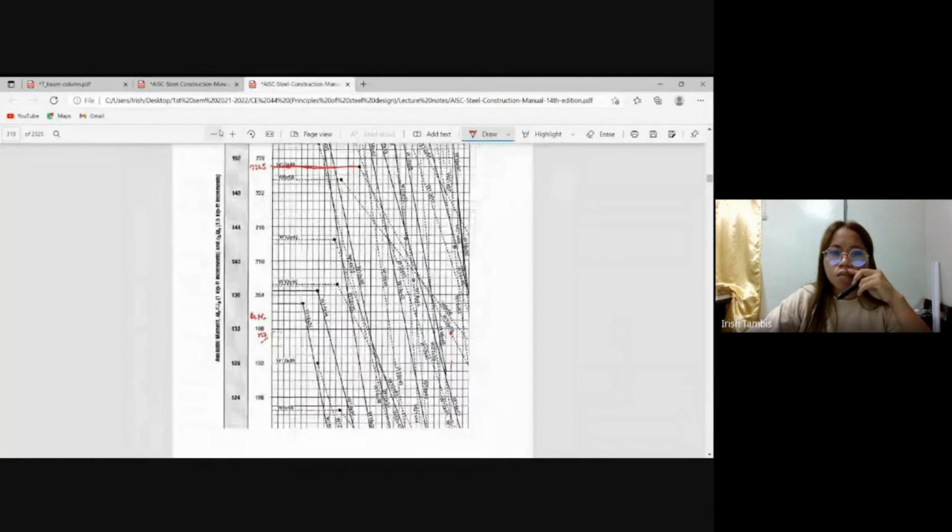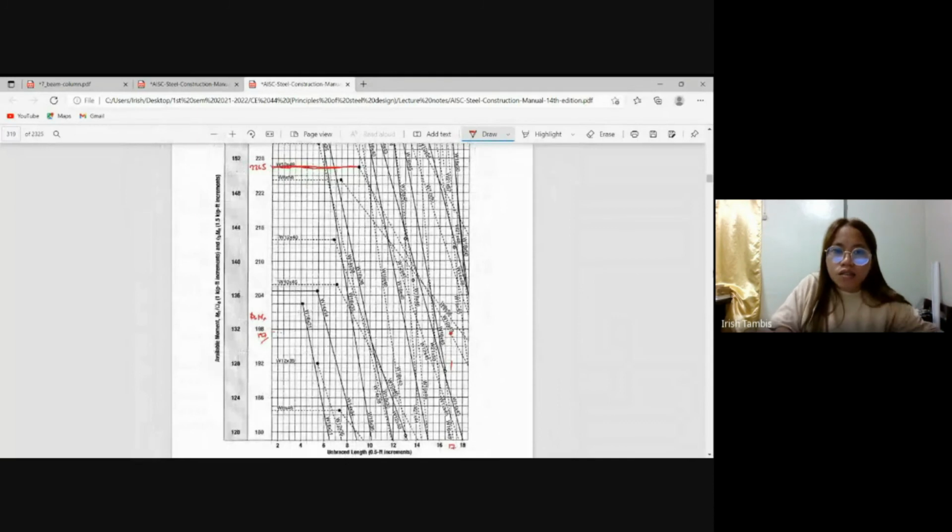Okay, we plot it, then 17. If we follow 17, this part here, it is actually, because this is ASD, actually below 132.